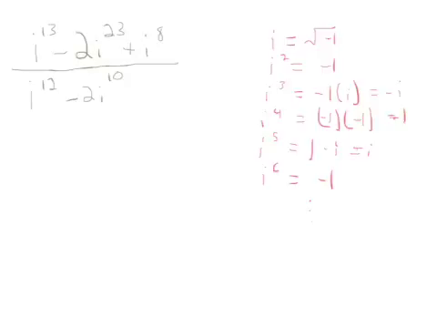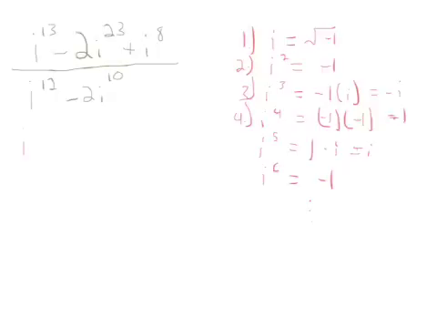So a remainder of 1 would imply that I'm looking at the first number in this pattern, which is i. If the remainder is 2, it's going to be the same thing as i squared. 3 would correspond with i to the third. 4 would correspond to i to the fourth. So i to the 13th would be the same thing as just plain old i.